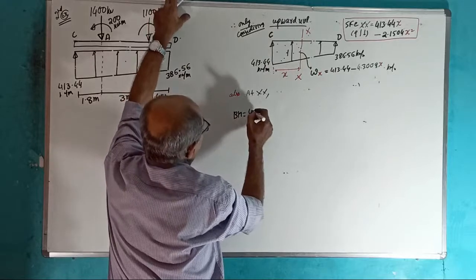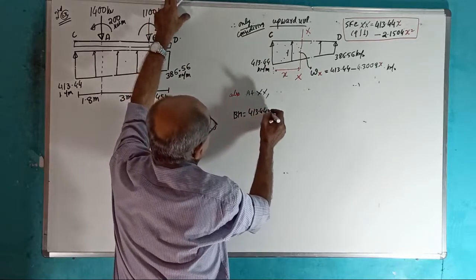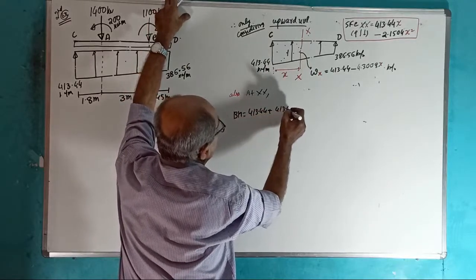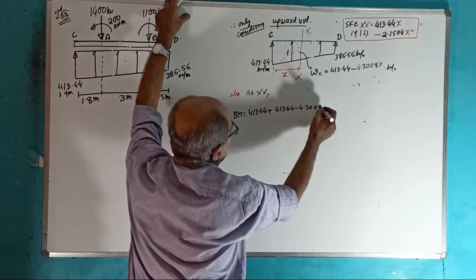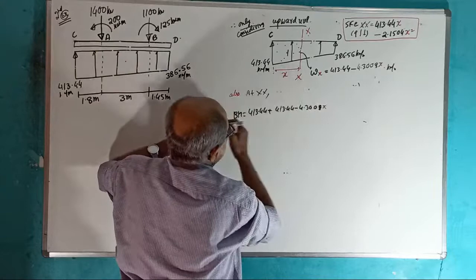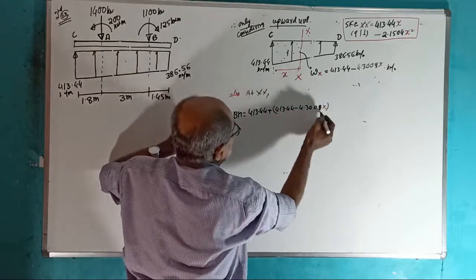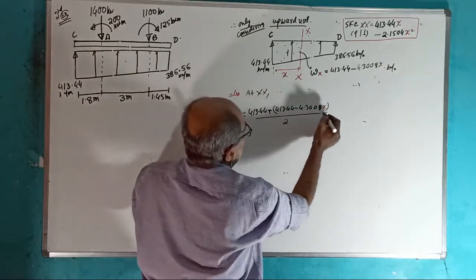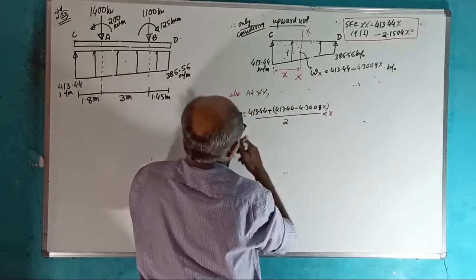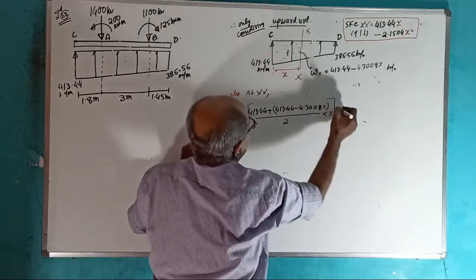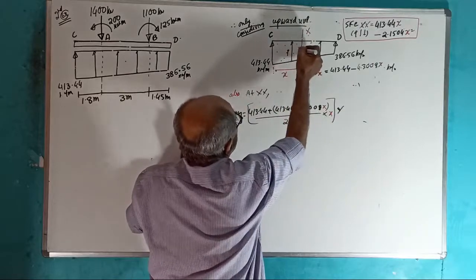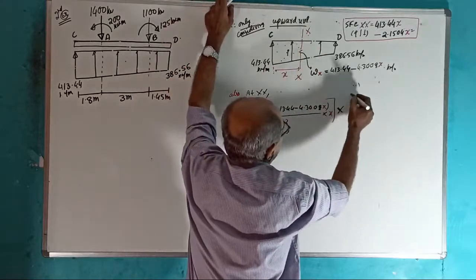BM equal to 413.44 plus 413.44 minus 4.3008 times x, sum of the two parallel sides divided by 2 into x is the total load, this load into distance of CG from here.